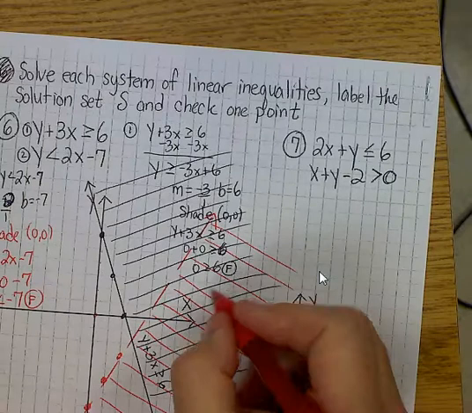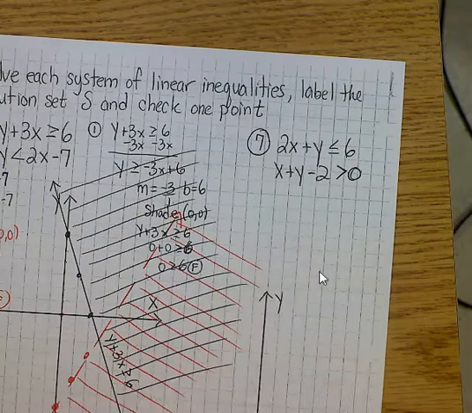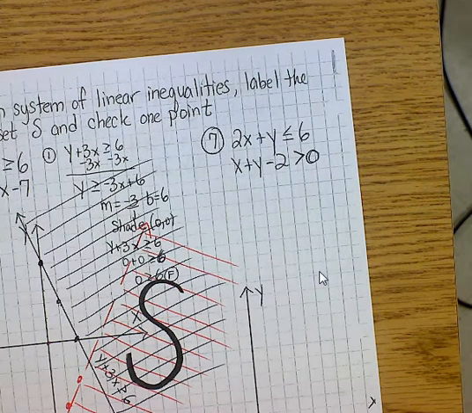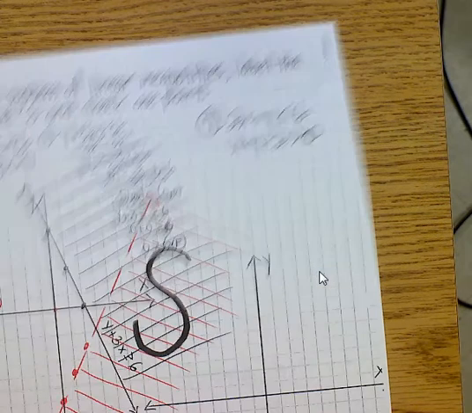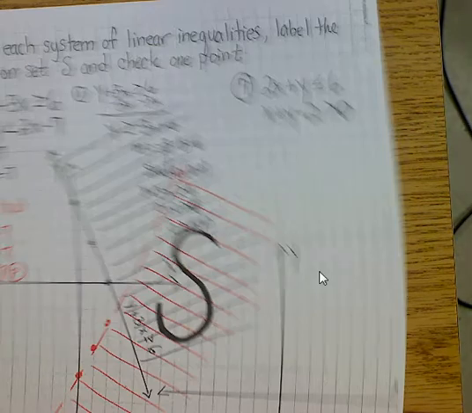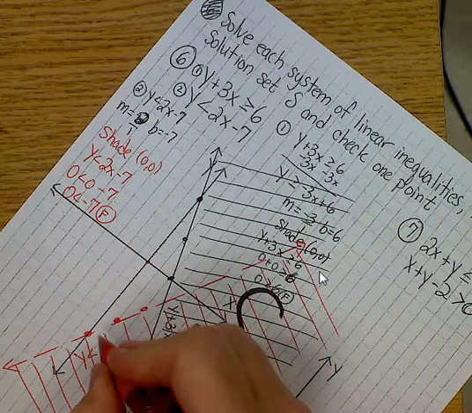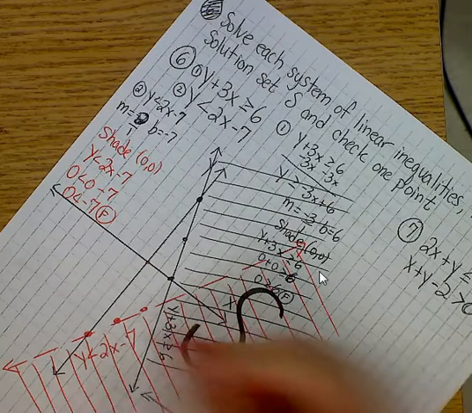So my solution set is going to be right here, where the two solution sets meet. And I'm going to label this line, which is the equation y is less than 2x minus 7.